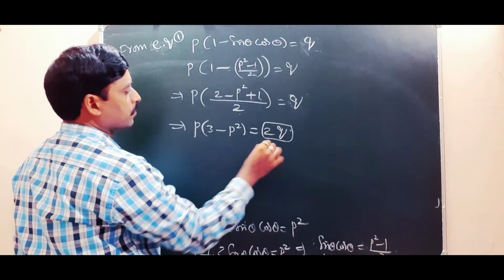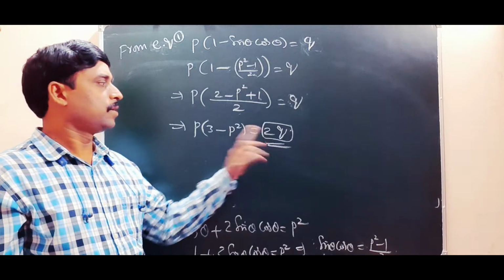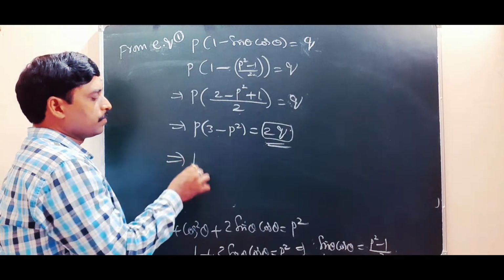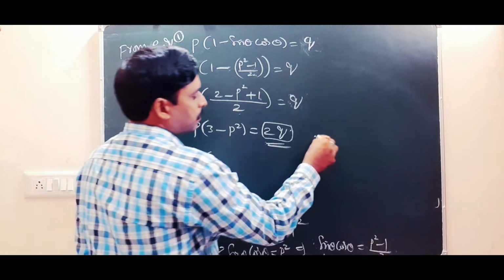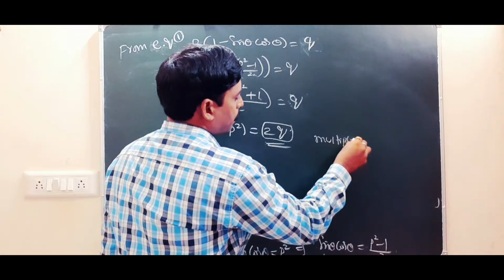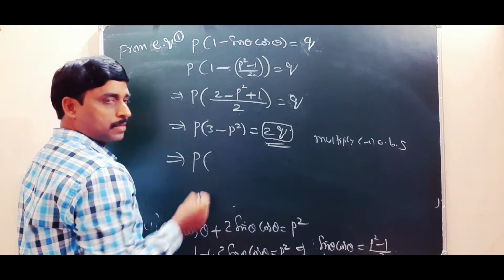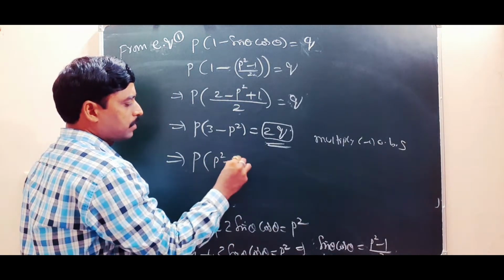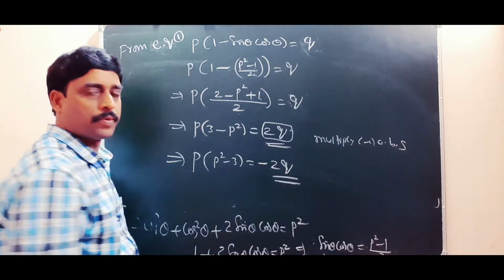What is the answer? p into 3 minus p square is equal to 2q. So our target is p into p square minus 3. Multiply minus 1 on both sides. Okay, this 3 minus p square becomes p square minus 3, equal to minus 2q. So what is the answer? Minus 2q.